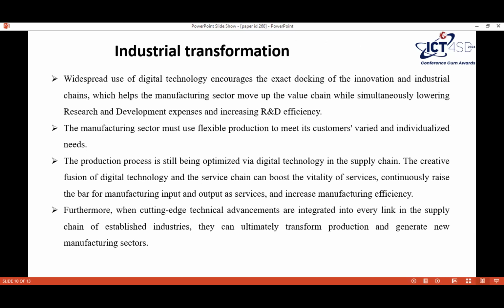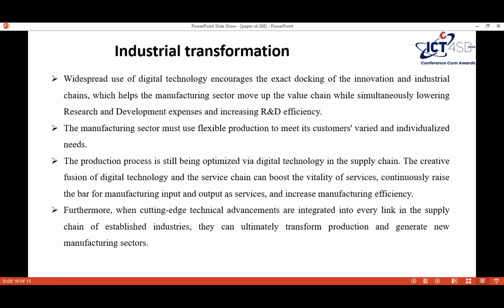The manufacturing sector must use flexible production to meet their customers' various industrial needs, and their production process should be optimized via digital technology in the supply chain. They should also have some digital technology that will help their clients and boost the vitality of the services that they are offering to their clients or customers.